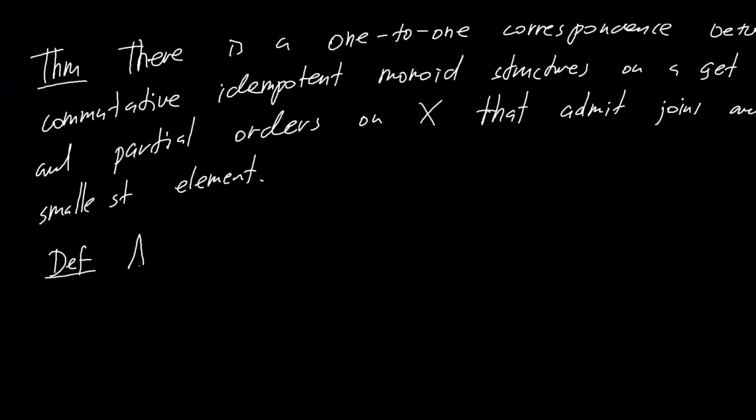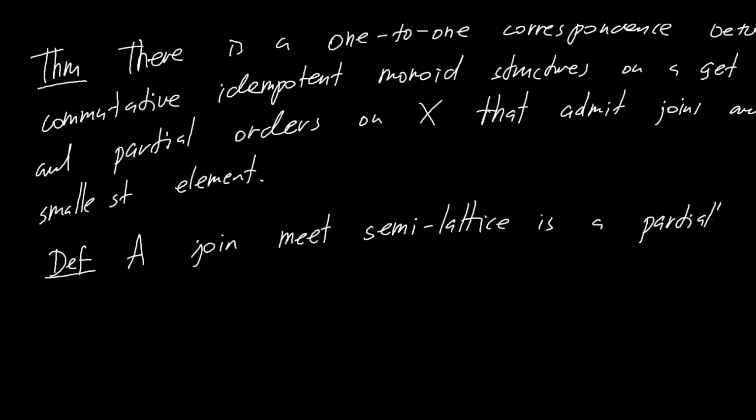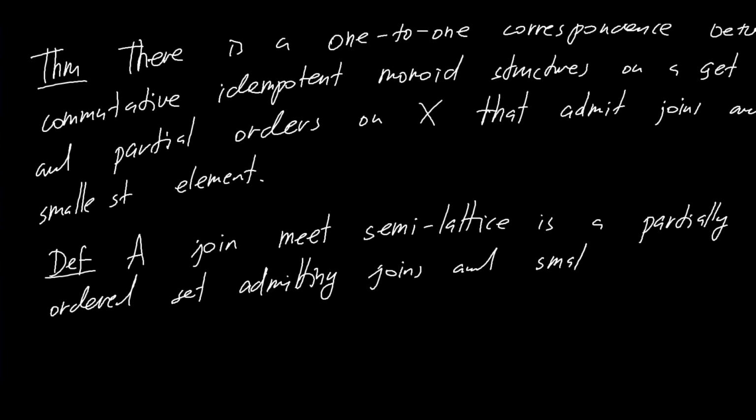So a join semi-lattice is a partially ordered set admitting joins and smallest element. In other words, the exact thing that is part of the theorem.